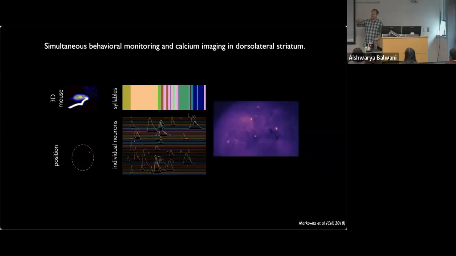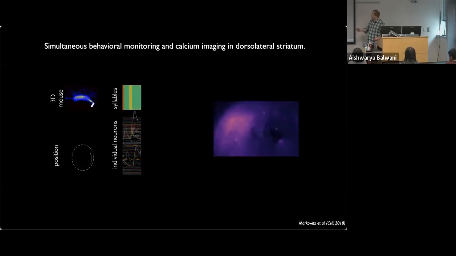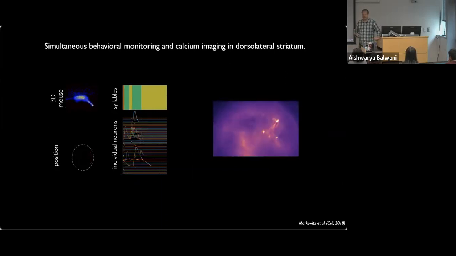And then he did the same type of depth video recordings as the mouse ran around. But now, in addition to getting behavioral syllables, we also get these time series of calcium transients, which are indicating underlying spiking activity of these neurons. You can see that in this video here, where these neurons are fluorescing as the mouse runs around.